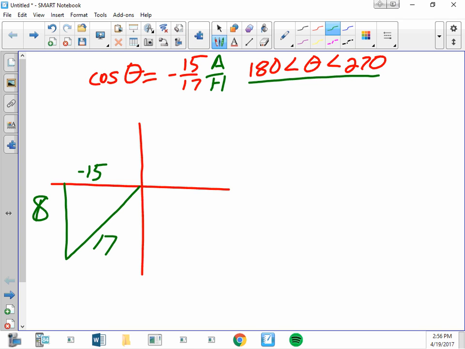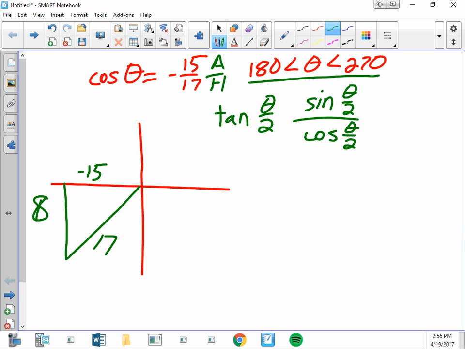Okay? Now, we want the tangent of an angle that's half as big. So the tangent of theta over 2, which would be the sine of theta over 2 divided by the cosine of theta over 2. So, where does theta over 2 land?